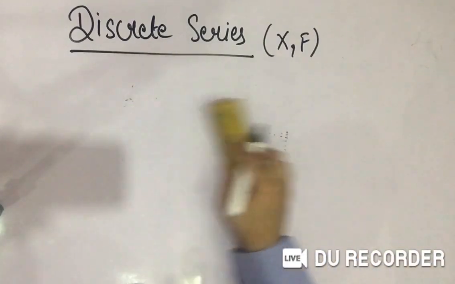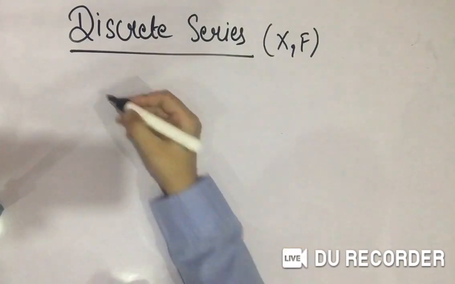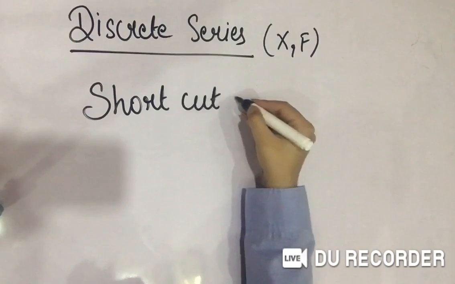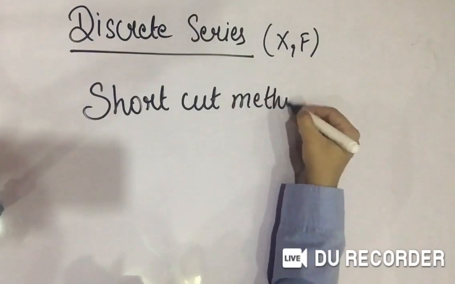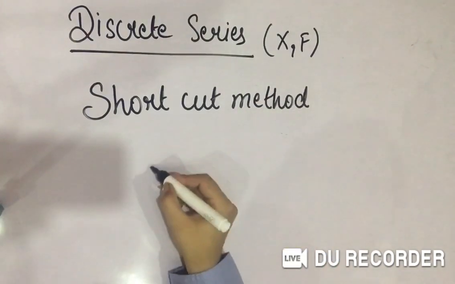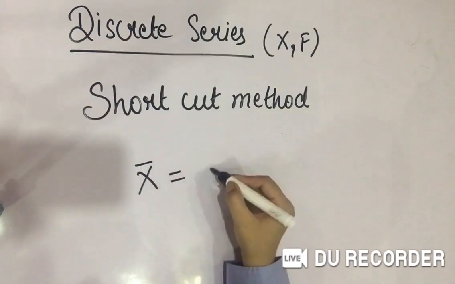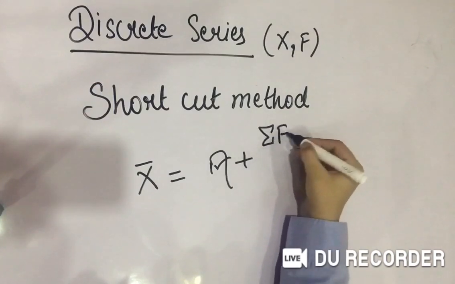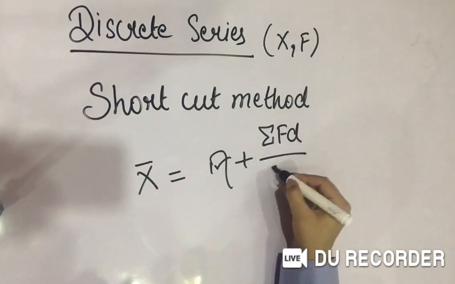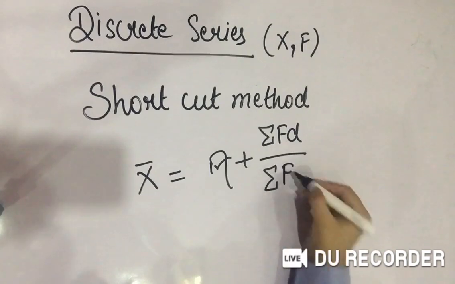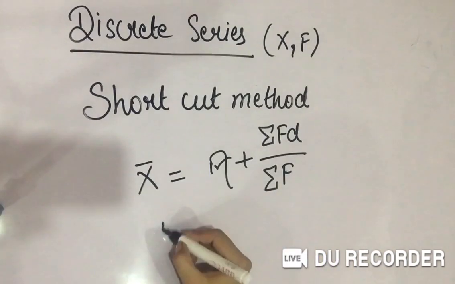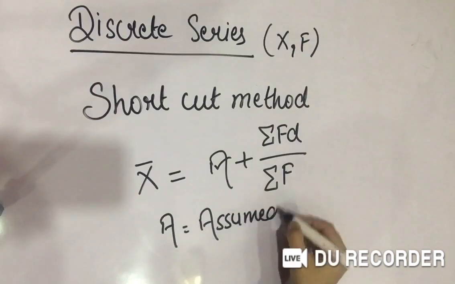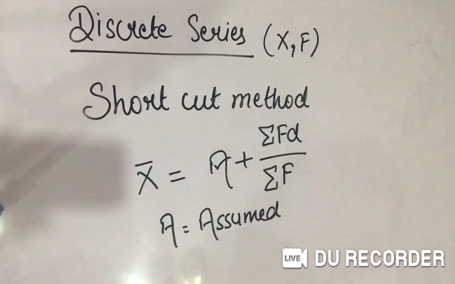So direct method we have done. Now we are gonna do the shortcut method under discrete series. Formula to calculate mean is A plus summation FD upon summation F. See, A means assumed mean, or you can say the assumed term.